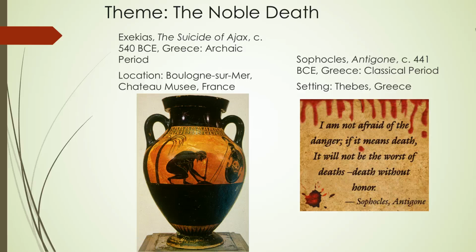So the second prompt reads, in the text box below, write 1 to 2 sentences that introduce each work of art. For each work, be sure to identify the title, the author or artist, the date or period the artwork was created, and the cultural location or physical setting of the piece.